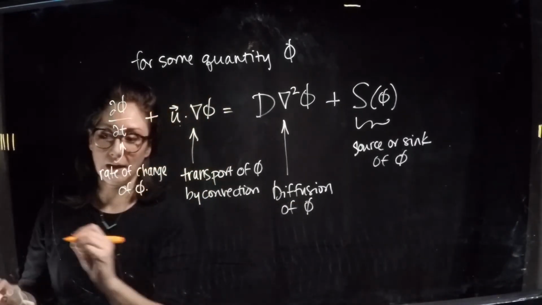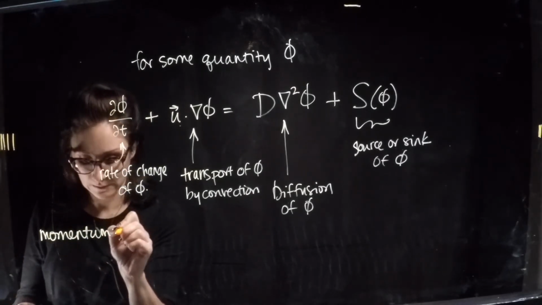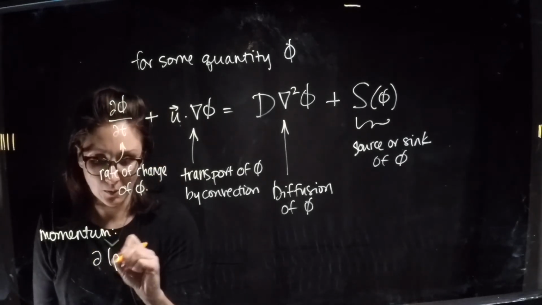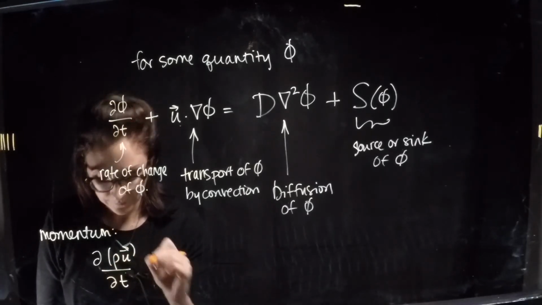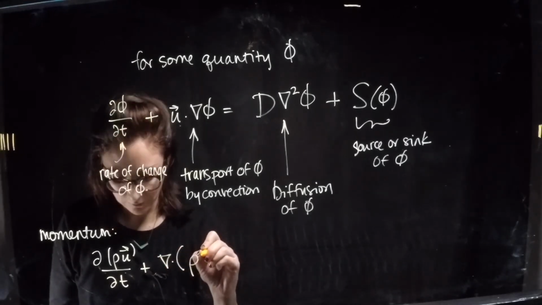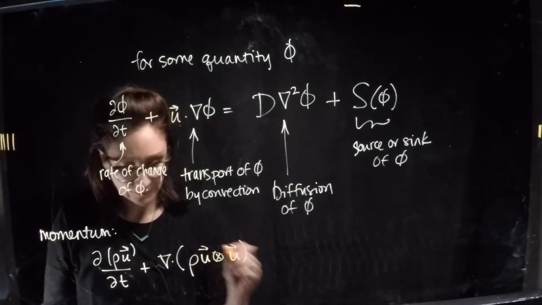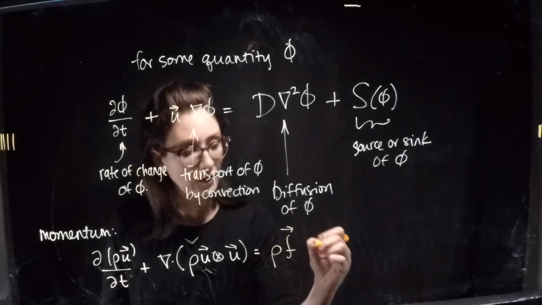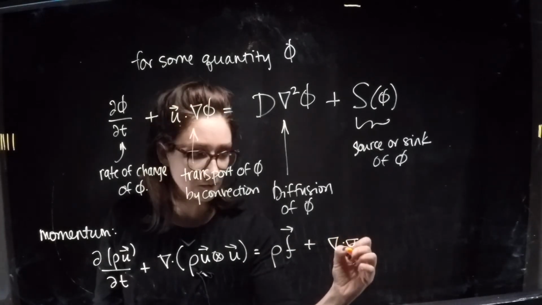The next one that we have is conservation of momentum. The conservation of momentum is the change in momentum plus the divergence of rho u cross u is equal to any body forces that we have on our fluid, and then any forces due to stress.